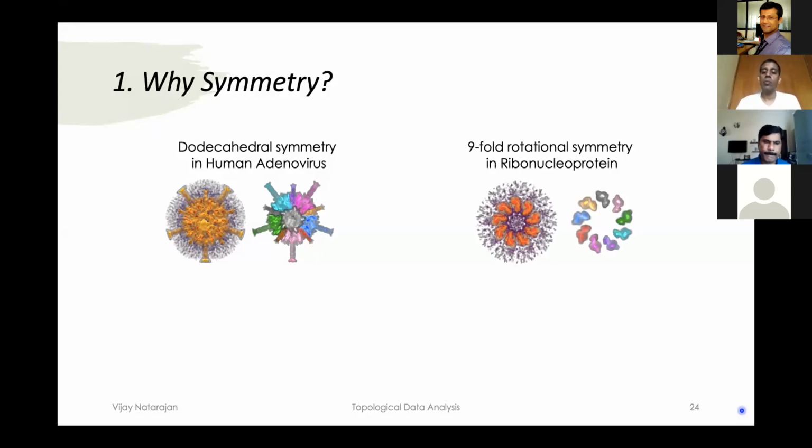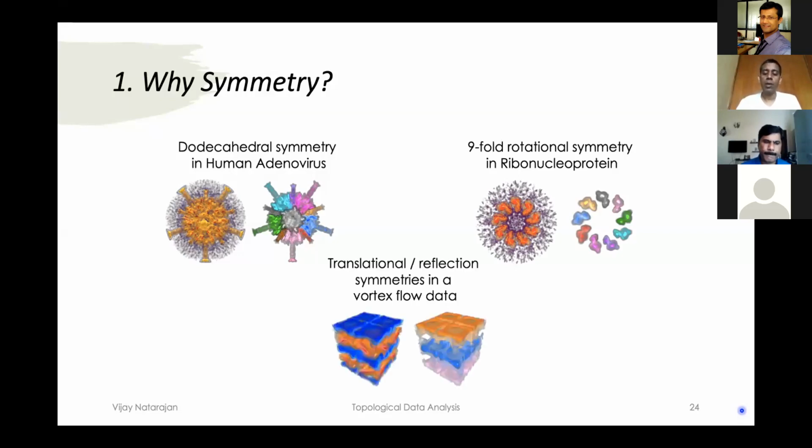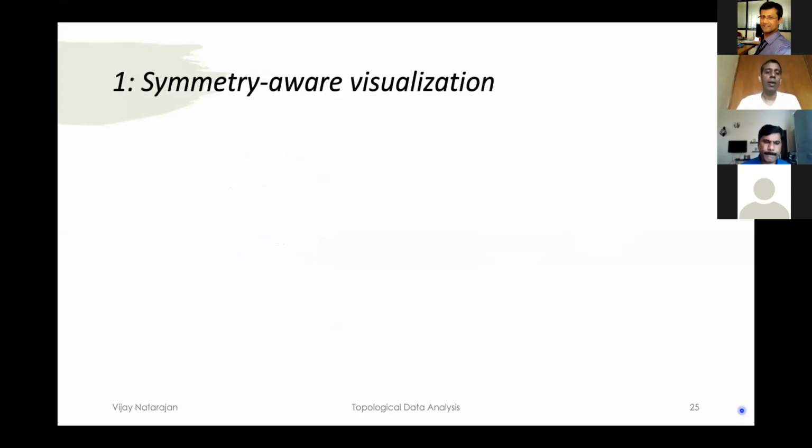So symmetry is present in various biomolecules. It is present even in the study of fluids, so you see symmetry in flows and so on. In many cases, the lack of symmetry, the missing symmetries, are also an interesting indicator of what is happening. So there is a clear reason for us to study symmetry.